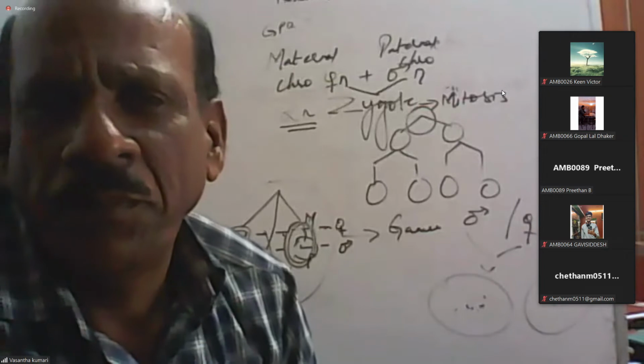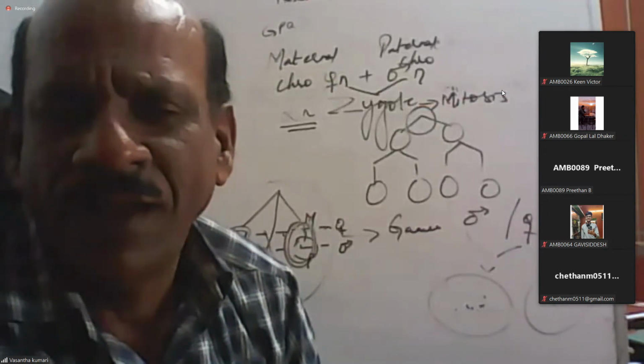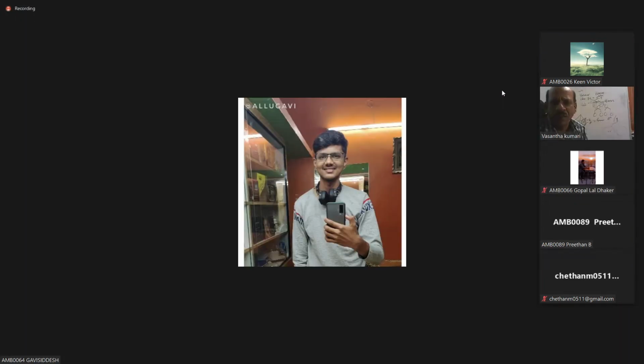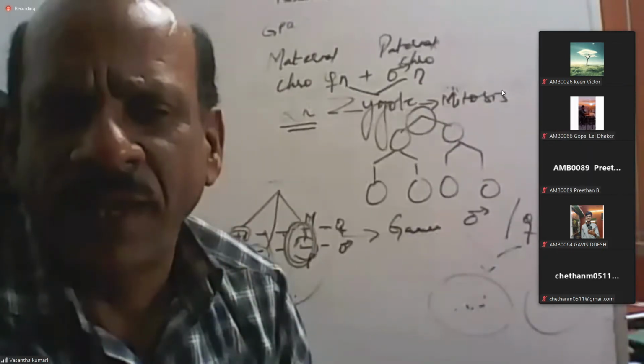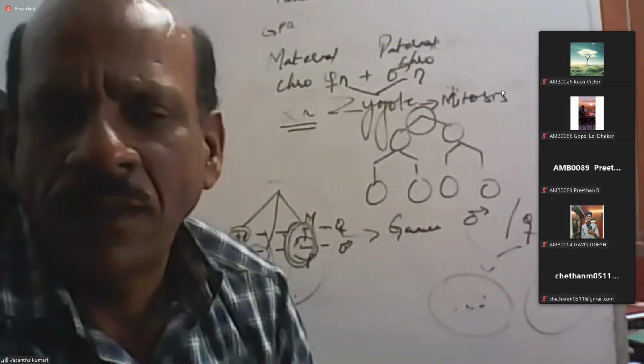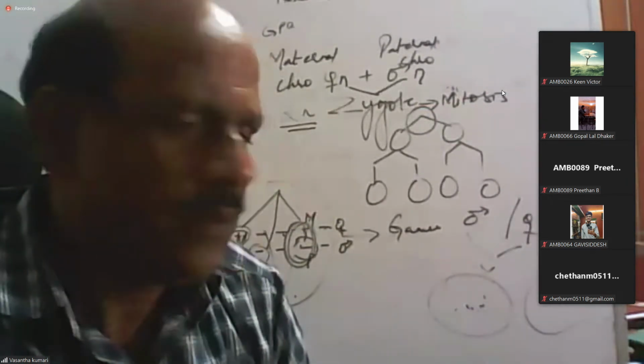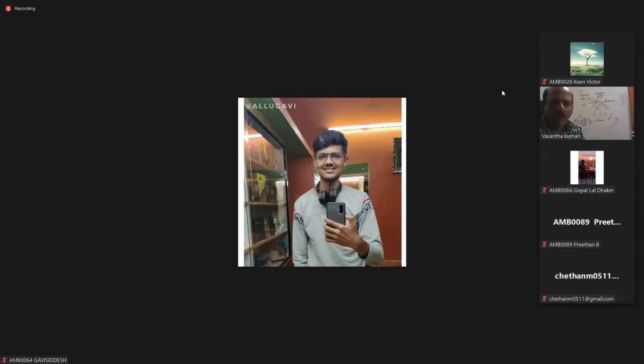Gavi, Siddhaya, turn off your mic. Who is AMB 0089? Turned off, sir. Okay.